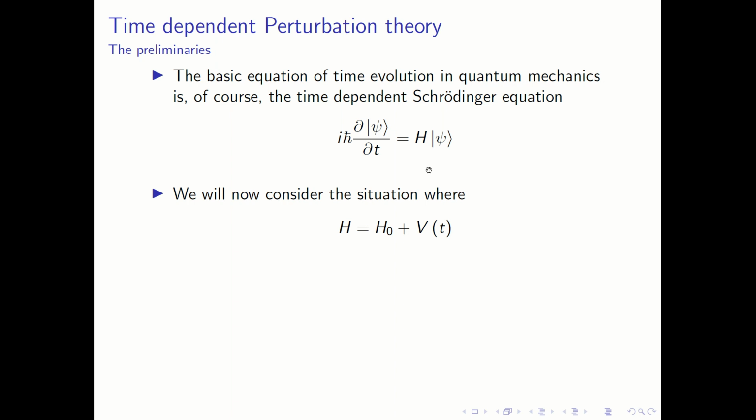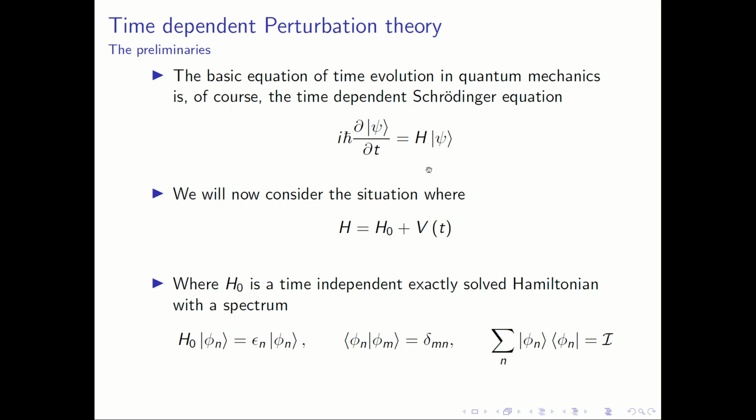Now, in order to do time-dependent perturbation theory, we are considering the setup that the Hamiltonian describing the system is made out of H0, which we, for the time being at least, assume to be time independent, plus V of t, a time-dependent part.